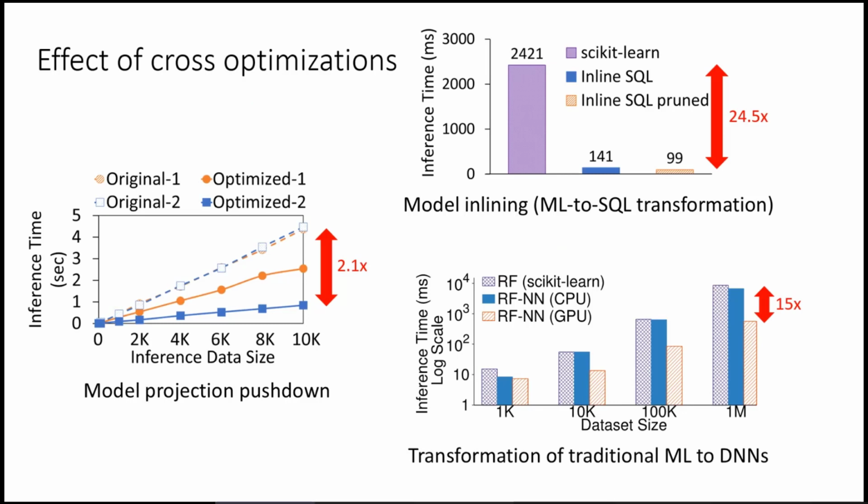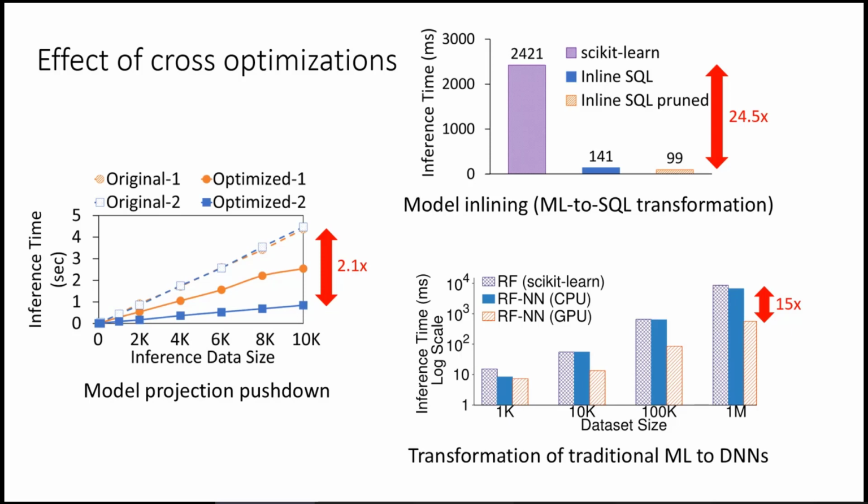Then we also looked more deeply into the effects of each optimization. We looked at how projection pushdown improves performance across different sizes. And as expected, the bigger your data set grows, the bigger the benefits of pruning some inputs from your graph. And with ML to SQL, we saw massive improvements by converting some models to SQL.